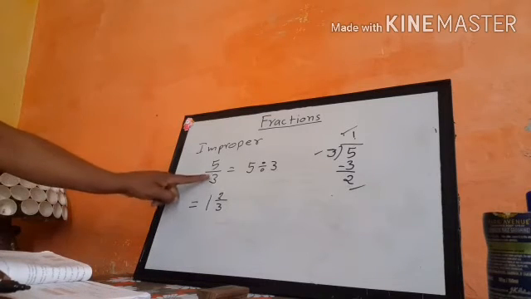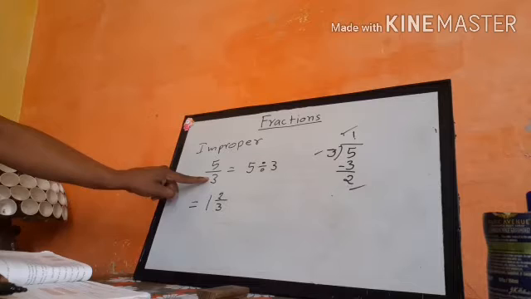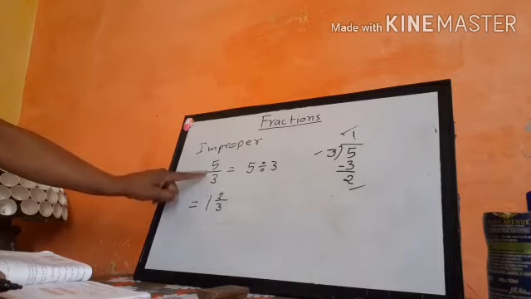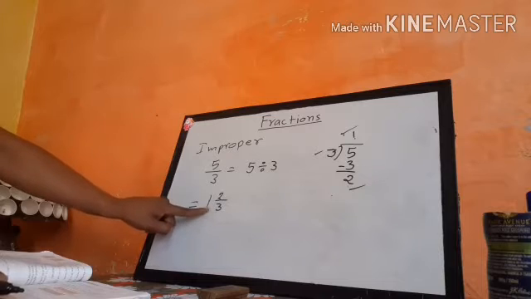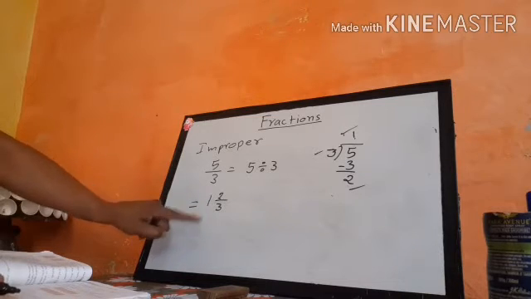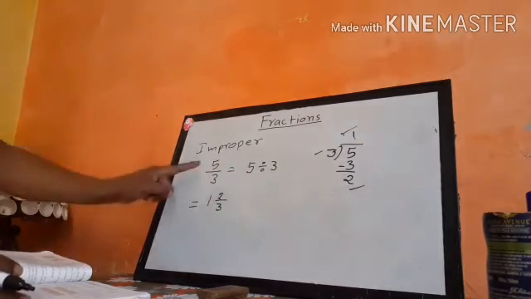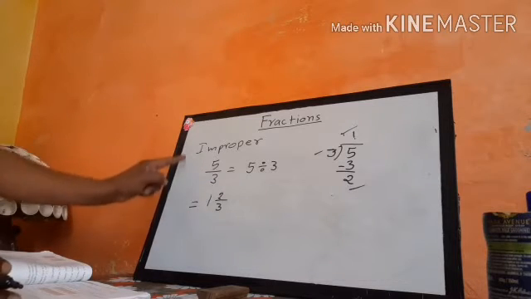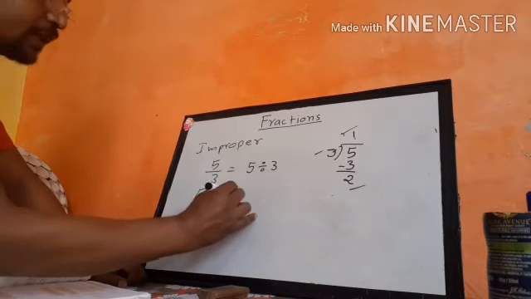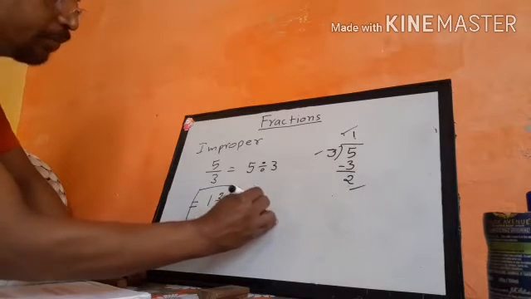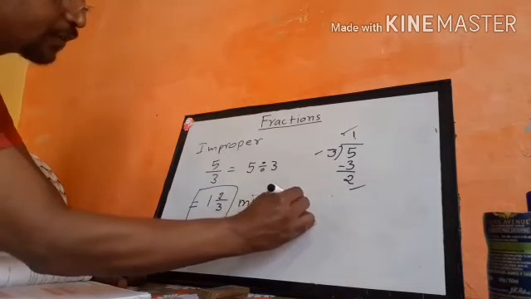Here you can see 3 is already in the denominator, so it stays in the denominator, and 1 is your quotient, and 2 is the remainder. In such a way we can convert this improper fraction into a new kind of fraction. It is known as a mixed fraction.